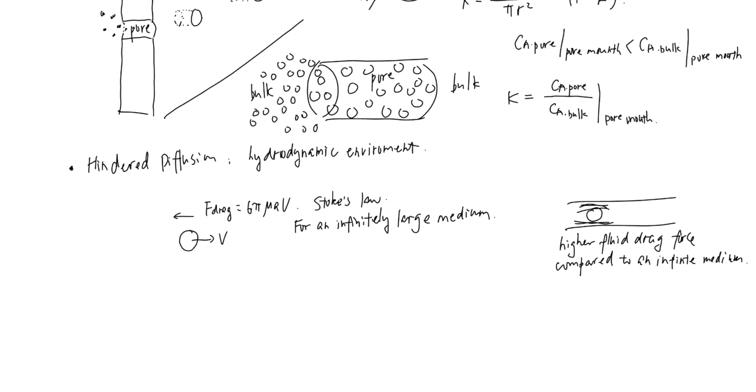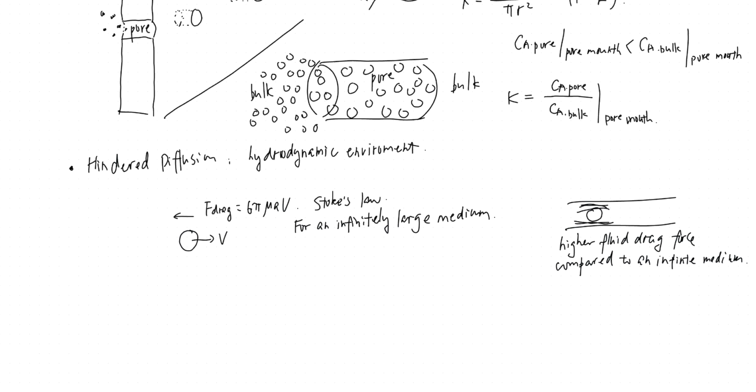Right now we will discuss some empirical ways to estimate the hindered diffusion effect. We don't derive from first principles what the hindered effect is, because if you want to solve it analytically, it's extremely challenging, and we don't solve this.